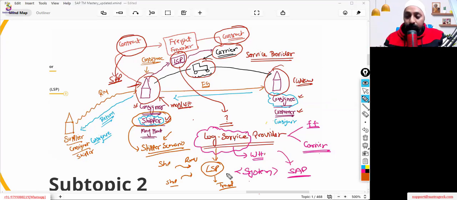Then you are an LSP, and we would do an LSP scenario implementation for you. So these two terminologies, shipper implementation and LSP implementation, are important, and you should put them in your CV when you're preparing it, because they would be available in the job descriptions.